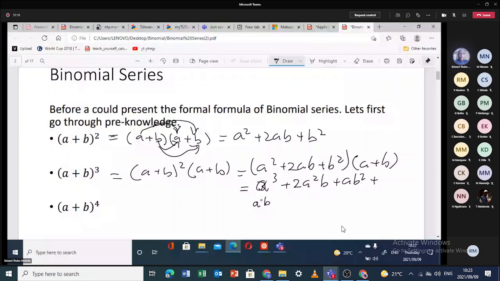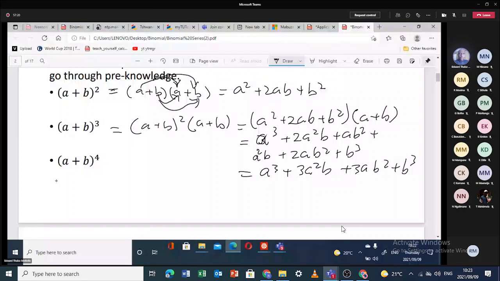So this will be equal to A plus B to the power 3 times A plus B. The previous answer is multiplied by that: A to the power 3 plus 3A squared B plus 3AB squared plus B to the power 3, multiplied by A plus B. So here we just expand this one.